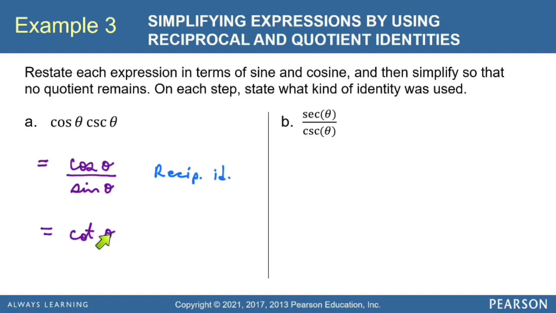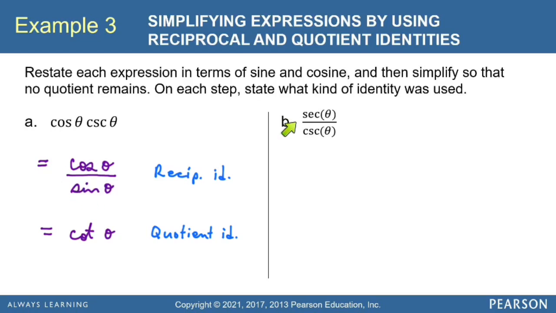What is the name of the identity that lets us change this quotient into a cotangent function? Well, that was one of our quotient identities that let us do that. So this is what we mean when we say state what kind of identity was used. It just means you need to justify your thought process or say what kind of identity gives you permission to do the step that you did.